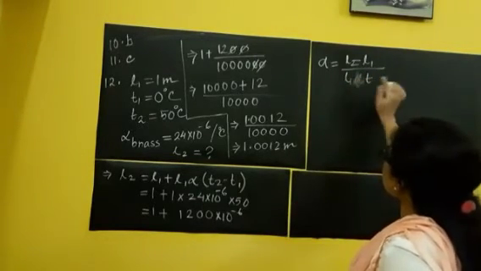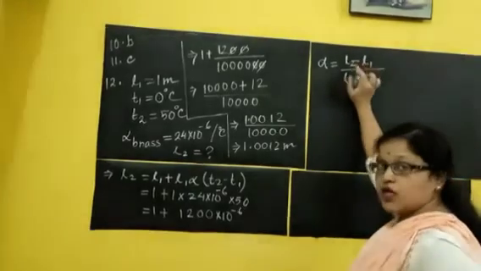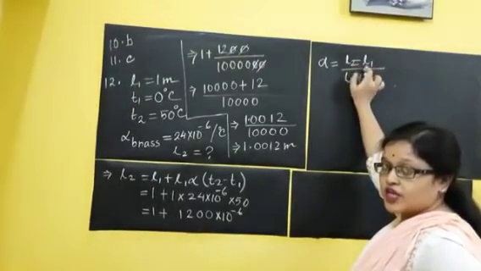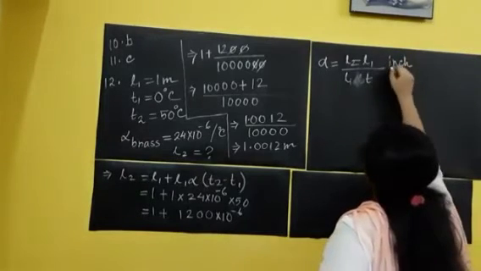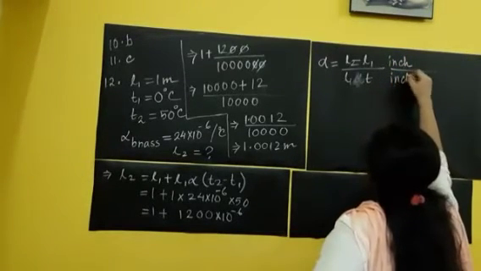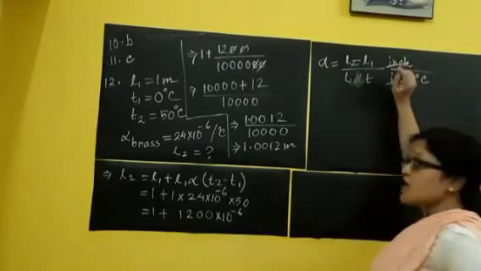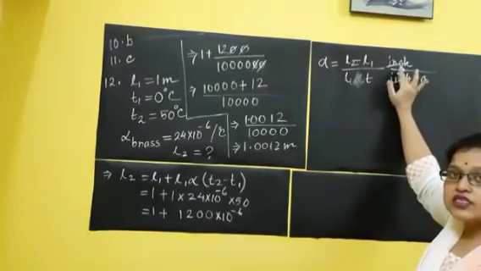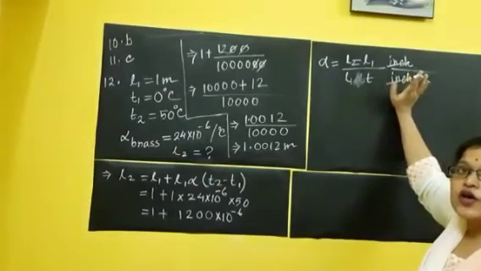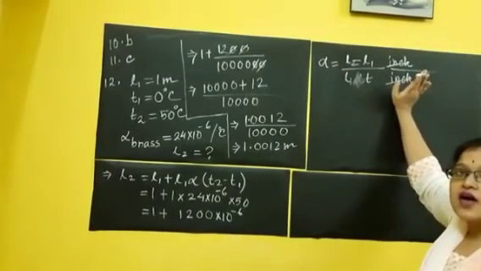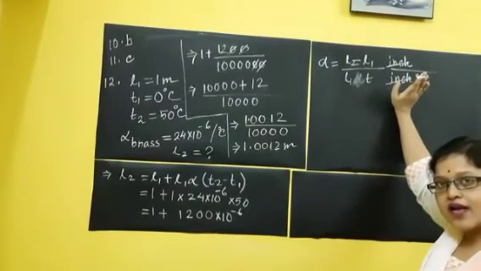Clear? Now if I am changing the unit from meter to inch or inch to meter, here 1 inch is coming in the denominator part, inch degree Celsius. So this inch always cancels out, means the unit of length cancels out. So whatever may be the change, since it is the ratio, it will not affect the value.